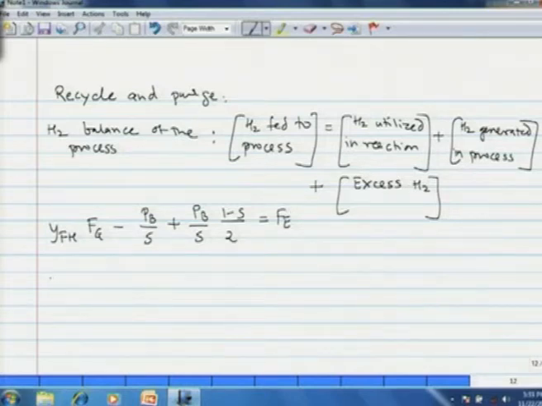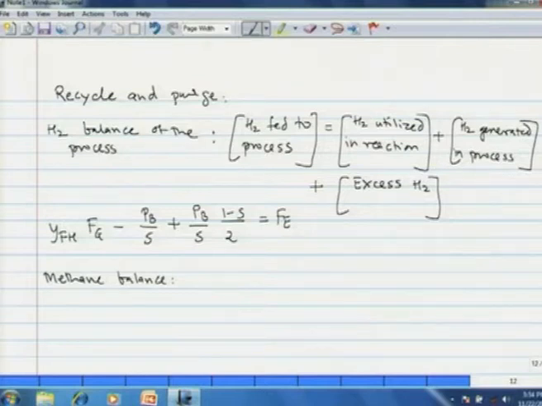Now, similarly, we do the methane balance. As I just said, we have to ensure that at steady state of the process, all the inerts that enter with fresh feed streams and all the inerts that are generated in the process should be purged. Okay? Otherwise, there will be net accumulation of these inerts in the process.